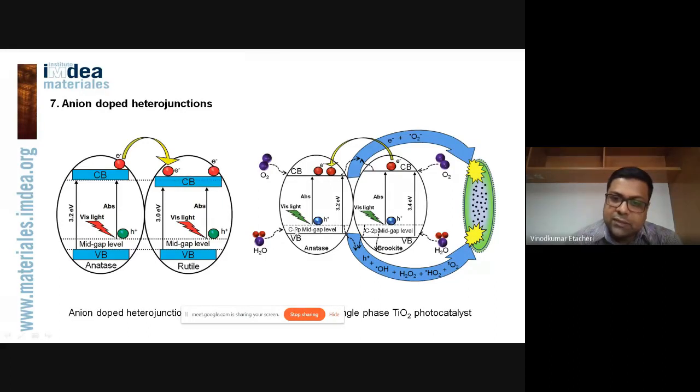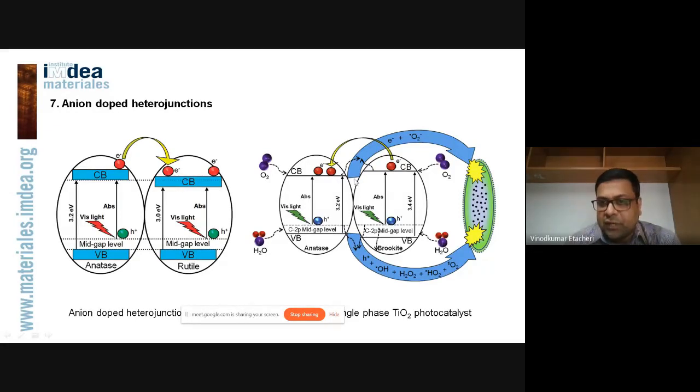Here you can see the C2p mid gap level, and as soon as the electrons are excited on both phases, there is an electron transfer from brookite to anatase. In this case, the brookite conduction band is higher than the anatase conduction band. So there is an electron transfer and visible light absorption from carbon doping.